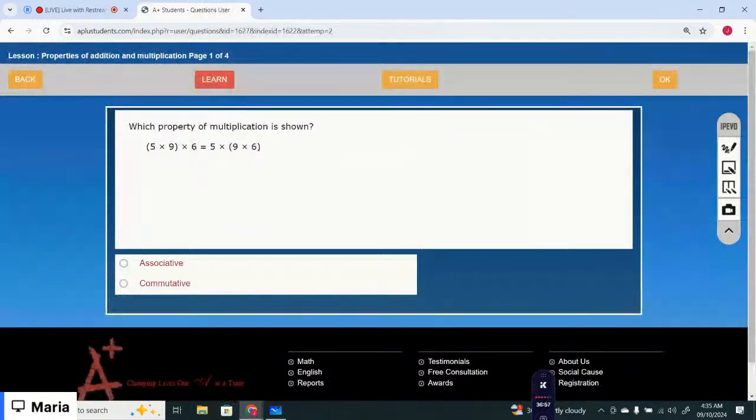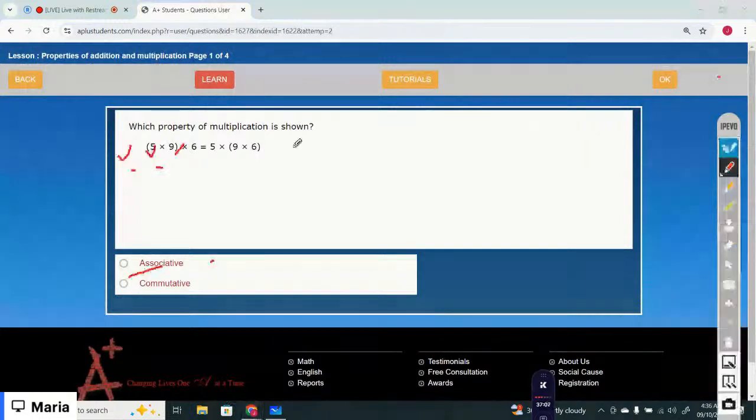Which property of multiplication is shown? Which is the correct option, associative or commutative? You can see both sides the numbers are the same: 9, 6 and 5. Just the order of multiplication is different.